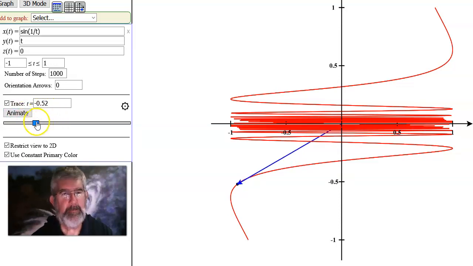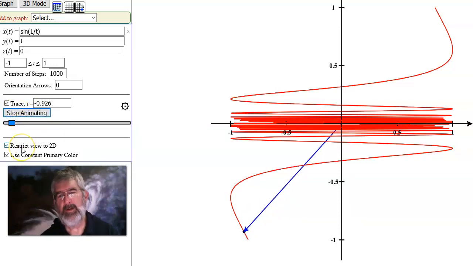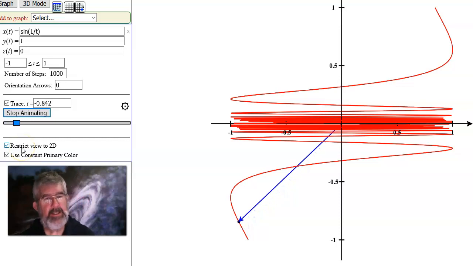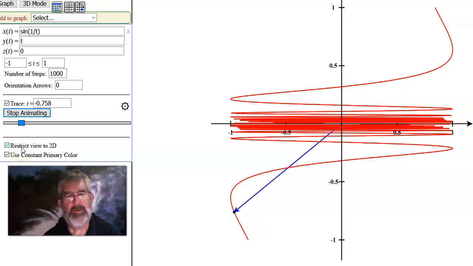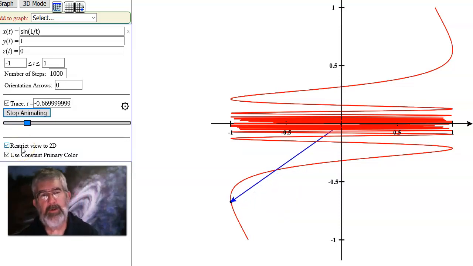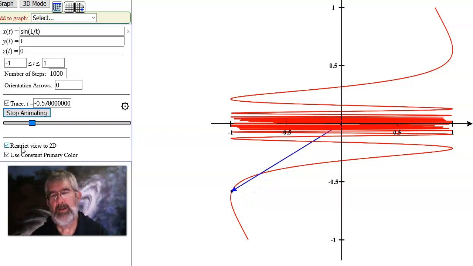Actually, let's just set it right here and say animate. And you can see this is increasing t at a steady rate, and so it seems like it's moving rather slowly along this curve.